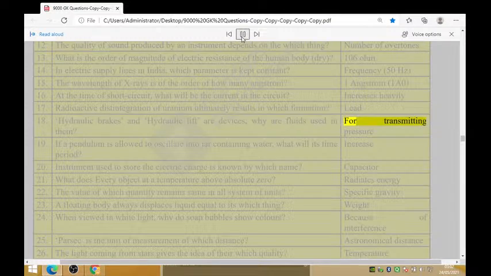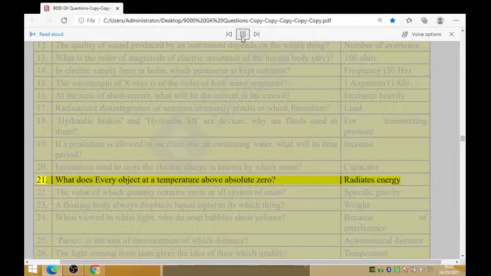19. If a pendulum is allowed to oscillate in a jar containing water, what will happen to its time period? 20. Instrument used to store the electric charge is known by which name? Capacitor. 21. Every object at a temperature above absolute zero radiates energy. 22.